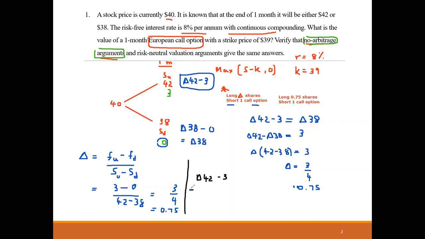We know delta is 0.75, so you have 0.75 shares. That multiplied by 42 gives you the value of your shares, minus the payoff of the option, minus 3. So this will give you, calculate and see, 28.5.